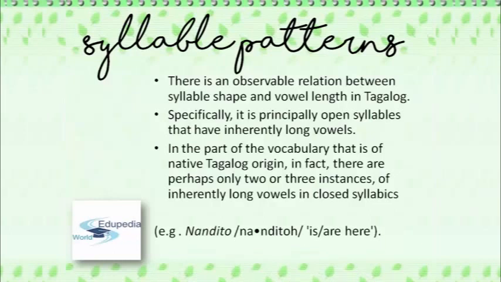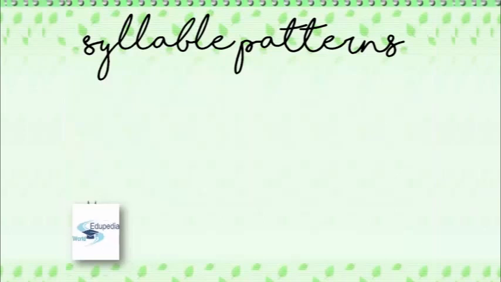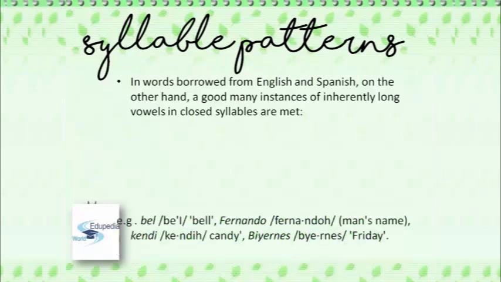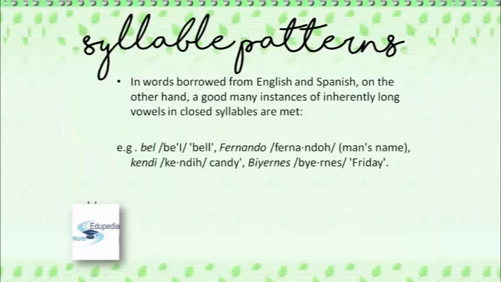For example, we have here nandito, nan, dito, is or are here. In words borrowed from English and Spanish, on the other hand, a good many instances of inherently long vowels in closed syllables are met. For example, we have here bell, Fernando, that is a man's name, candy, viernes, for Friday.